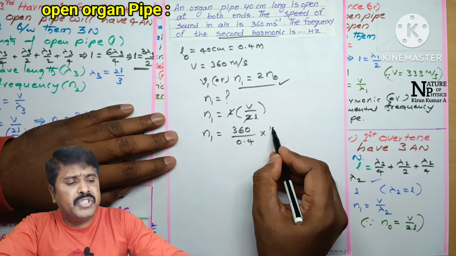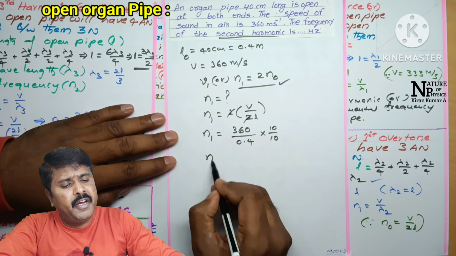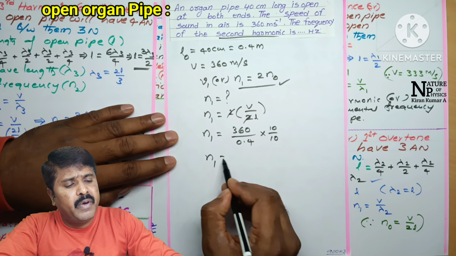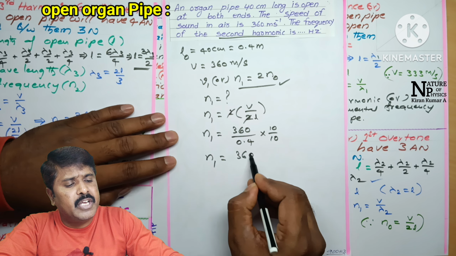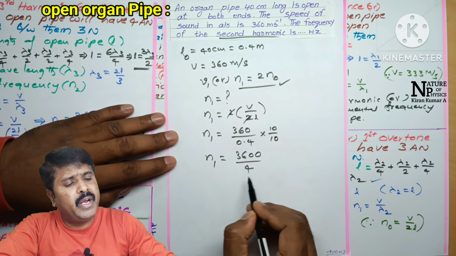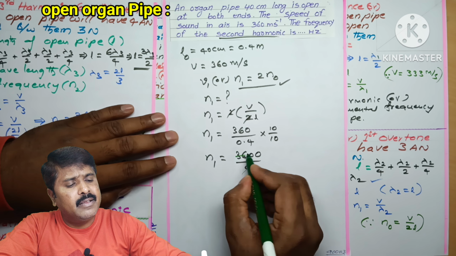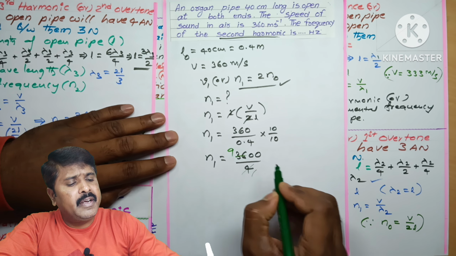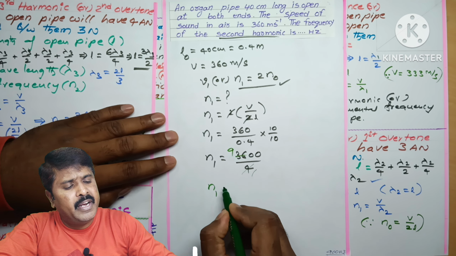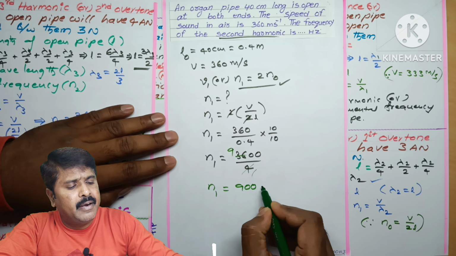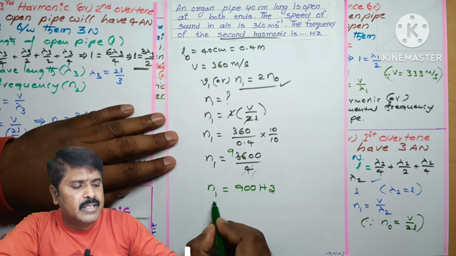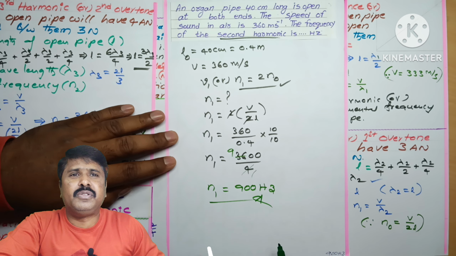For derivation, 10 multiplied and 10 divided, N1 is equal to 3600 divided by 4, so 4 ones are 4, 4 9 times is 36, so N1 I am getting here is 900 Hz, the answer for the given question.